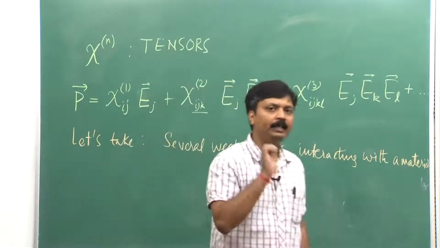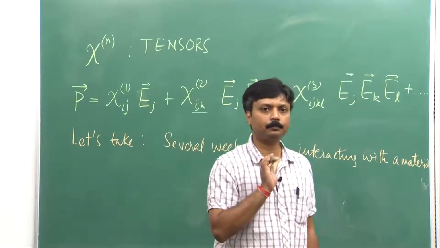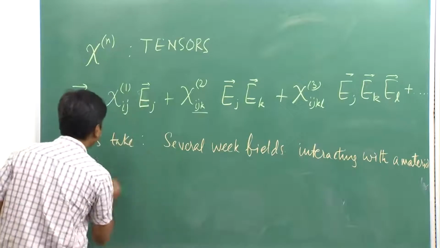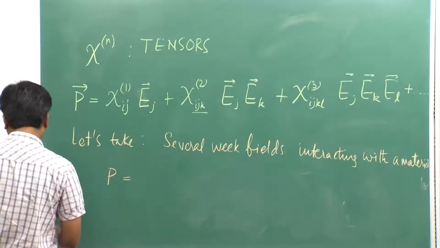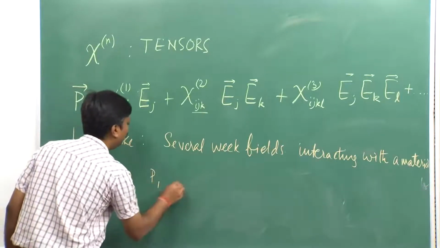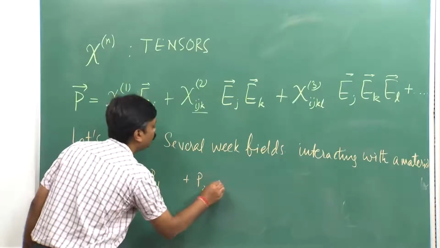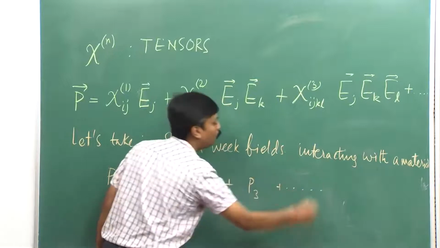Each individual wave will create its own polarization, and in the linear approximation I can write the total polarization P as P1 plus P2 plus P3 and so on.